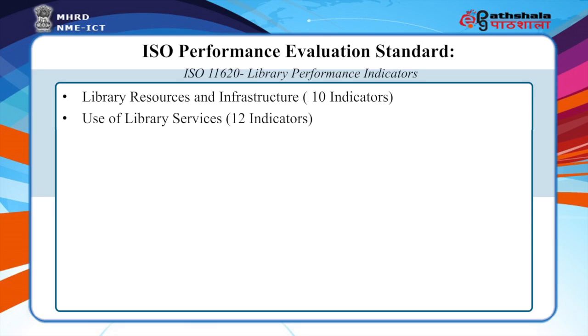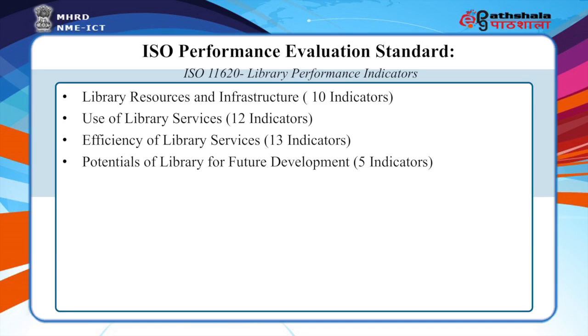The second area is acceptance of library services by the users, which has 12 indicators, and the third area is efficiency of library services, which covers 13 indicators, and the last area is library's potential for future development in a constantly changing environment, which covers 5 indicators.